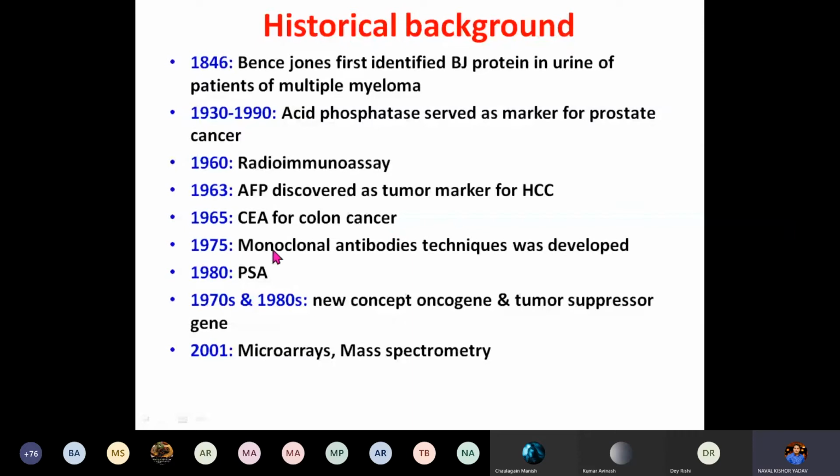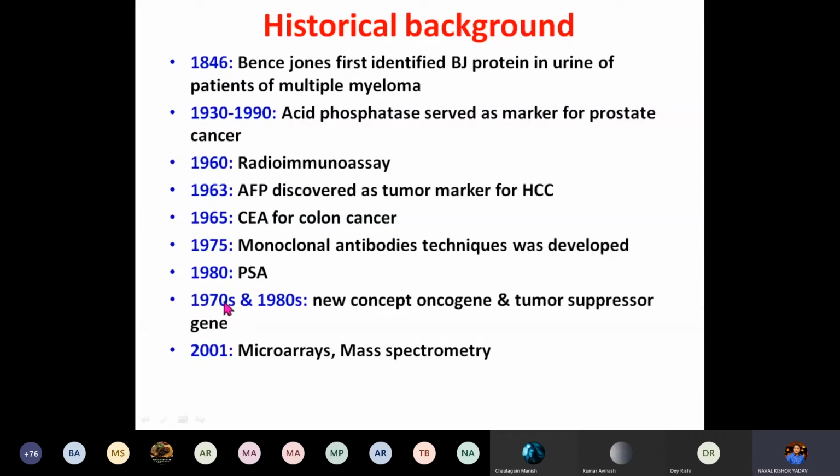If you have a monoclonal antibody against a protein, you can use it. This technique led to the discovery of many tumor markers, like CA125 and others. In 1980, PSA, used for prostate cancers. Nowadays acid phosphatase is not used; only prostate specific antigen, known as PSA, is used.